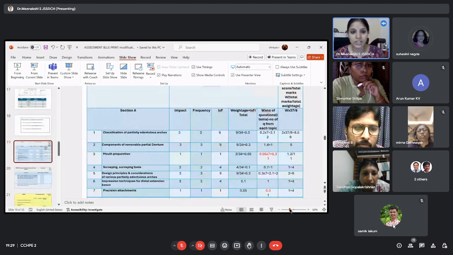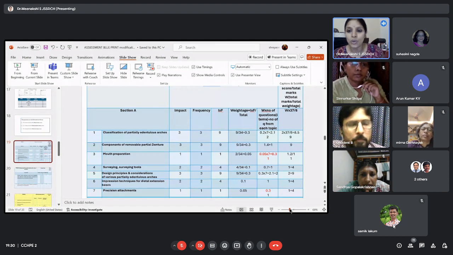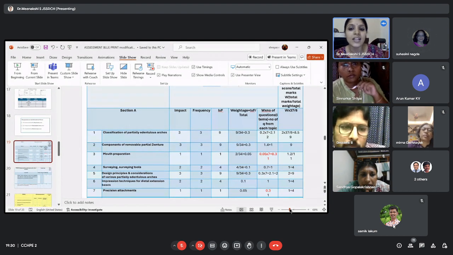This was discussed in the last class also, but here I would like to highlight it again. Based on our consensus, we have selected question papers from different universities, and we got to know that for classification of partially edentulous arches, impact and frequency will come up to 3. That means they should be knowing it. When you multiply impact and frequency, it comes to 9.